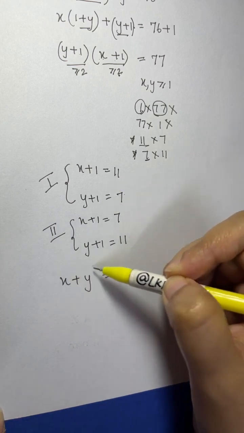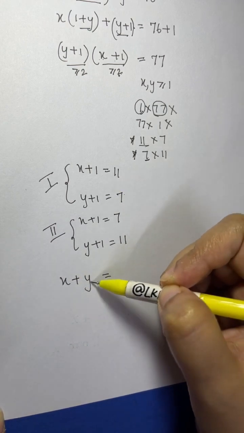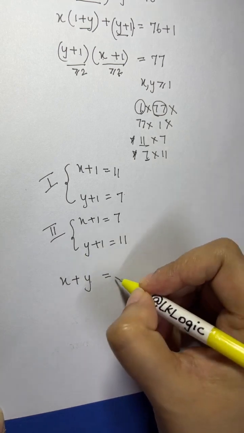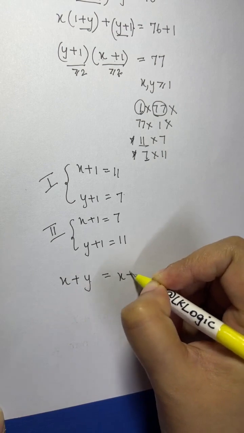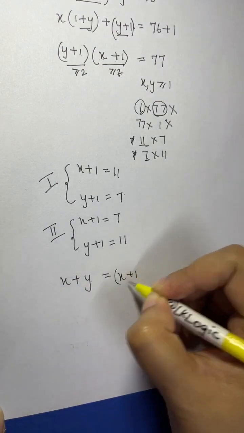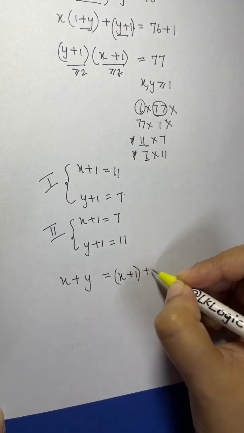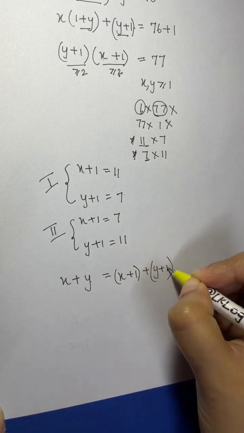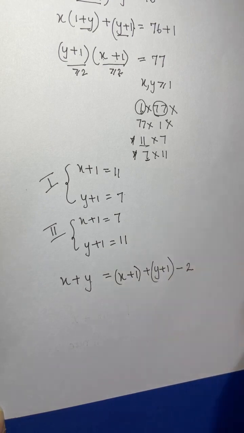But instead of solving, let's see, x plus y, what I'm going to do is add 2 and subtract 2. So how am I going to add 2? x plus 1, I've added 1, then I'm going to add one more 1, y plus 1. So I have added 2.